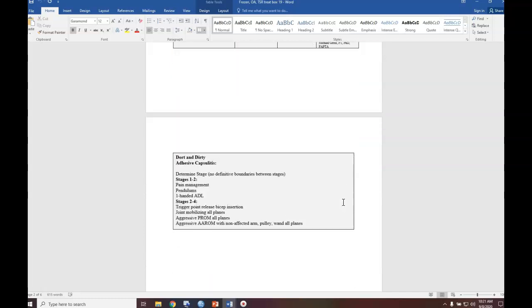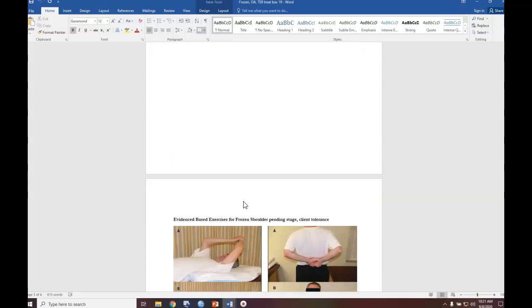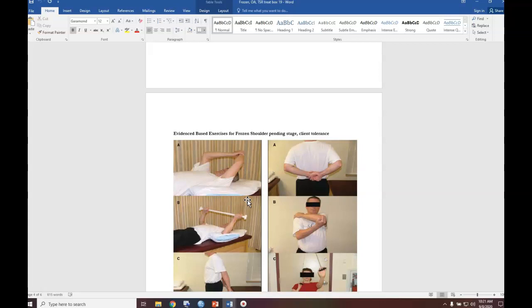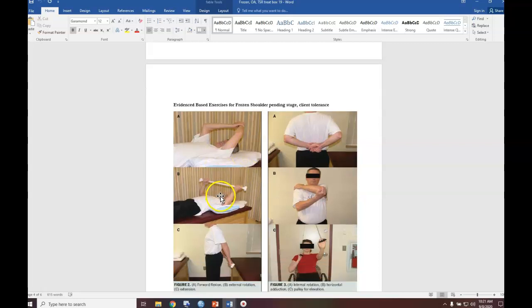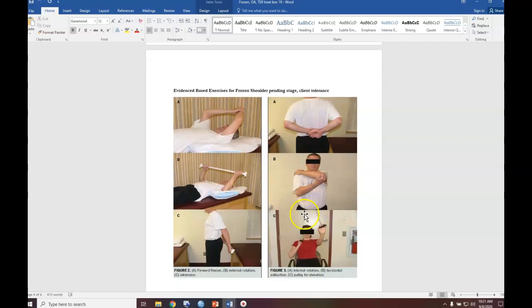And if you look down here, this is the down and dirty. It summarizes adhesive capsulitis rehab really well, generally. These are evidence-based exercises that are good for regaining the motion in the shoulder. None of them are rocket science, what you would think you would do. These are the wand exercises he's doing.